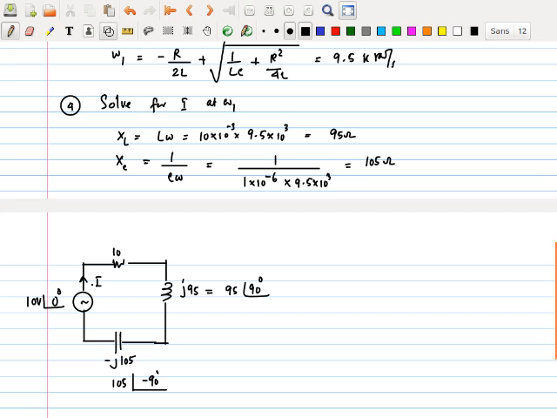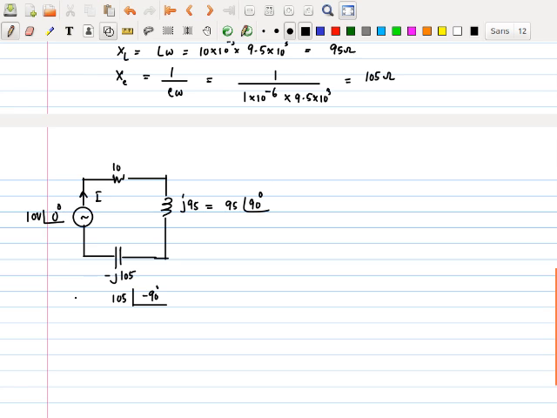Once it is converted into an AC circuit, very simple, you are going to apply the Kirchhoff voltage law. This current goes through that, so the voltage drop goes this way, this current goes through that, drop goes this way, current goes through that, drop goes that way. And here the voltage drop is going up. So we can write the Kirchhoff voltage law for this loop.